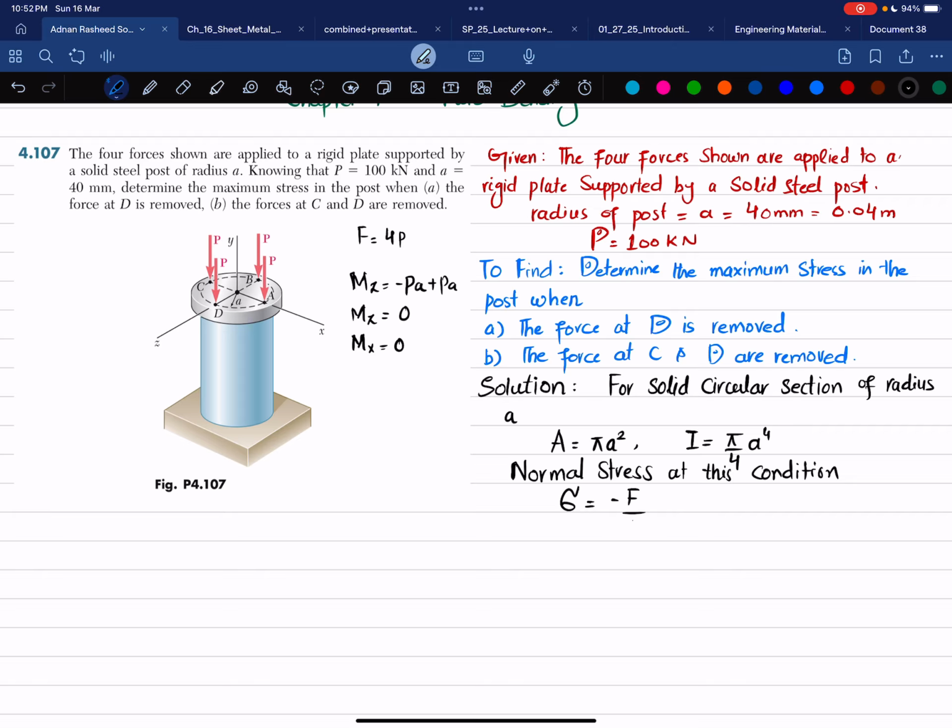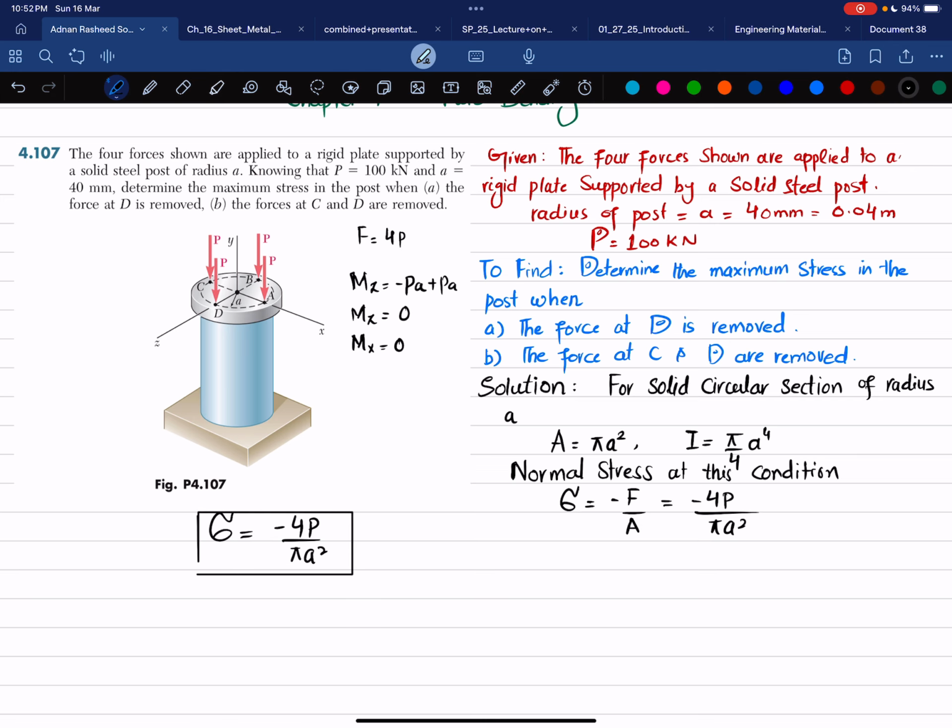So if you put F, minus 4 times P divided by area, which is pi A squared. So what we will get is that the normal axial stress will be equal to minus 4P divided by pi A squared.